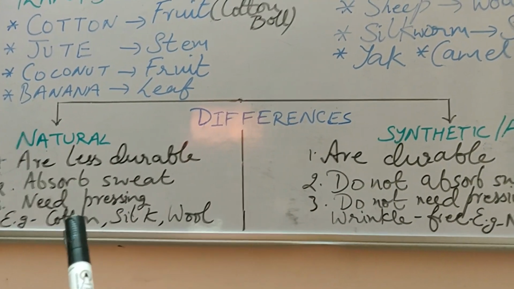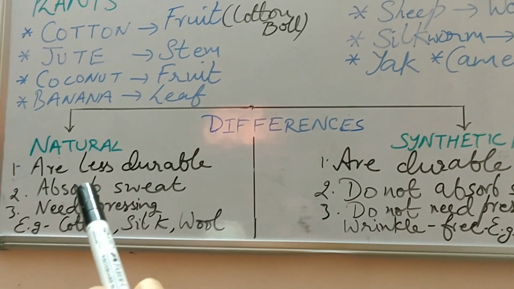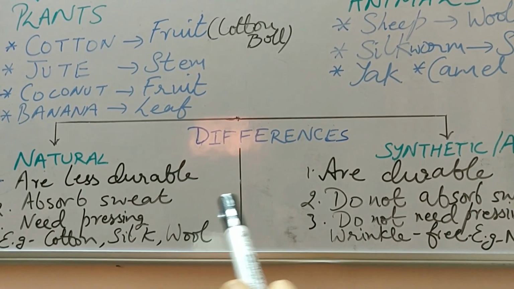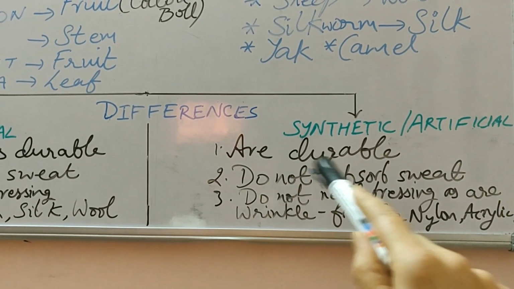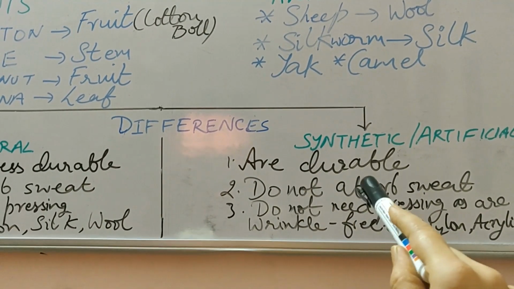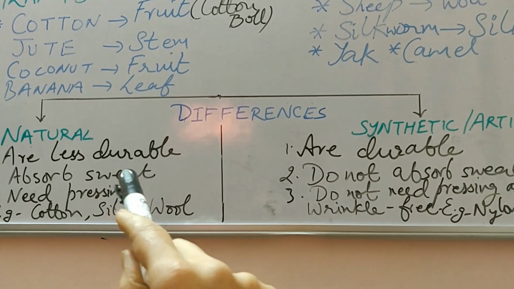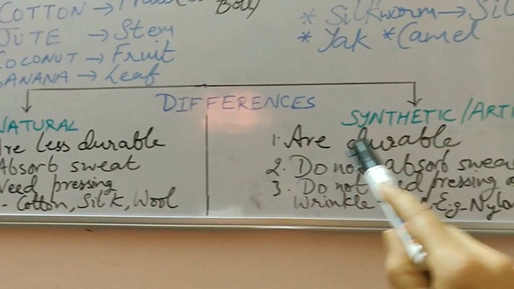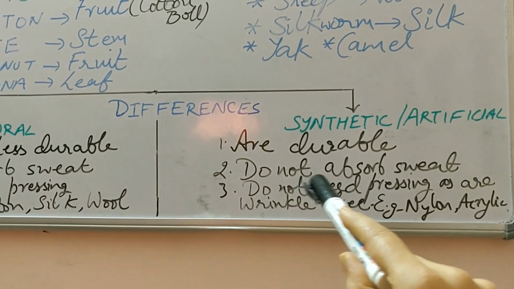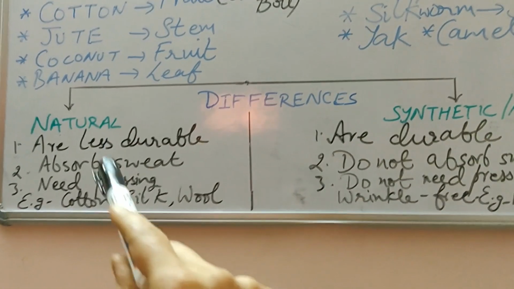So first point, you can see the natural fibers are less durable, while synthetic or artificial fibers are durable. They are actually more durable than natural fibers. Then natural fibers absorb sweat, while synthetic or artificial fibers do not absorb sweat.